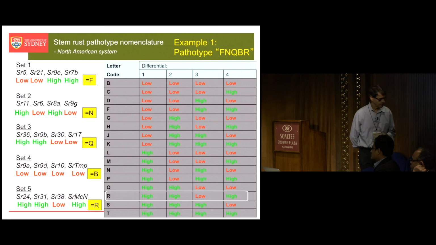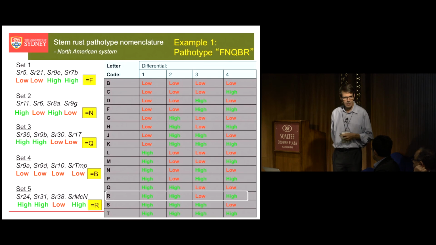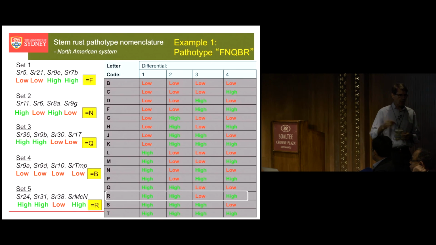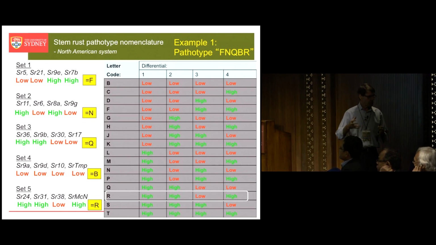So maybe you'll mention it, but you can distinguish between a pathotype and a genotype? Okay. Pathotype and genotype. This is a topic that confuses people, all right? A pathotype is simply defined, in this particular case, based on 20 genes in the pathogen genome, right? 20 genes that are conferring virulence or avirulence on those 20 resistance genes.